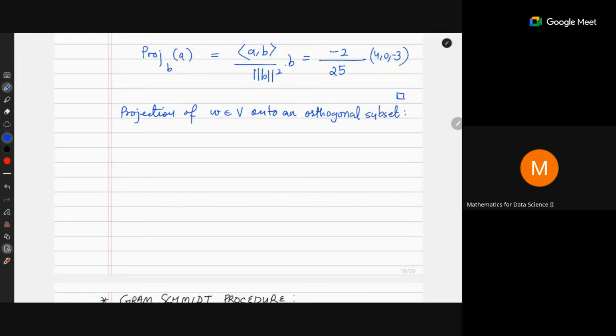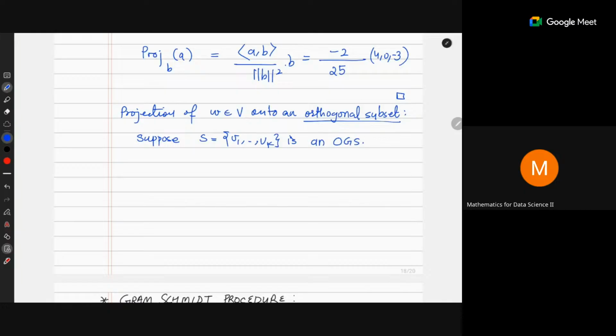So what do I mean by an orthogonal subset? I'm basically looking at the span of that. Suppose S is V1 up to Vk, an orthogonal subset.